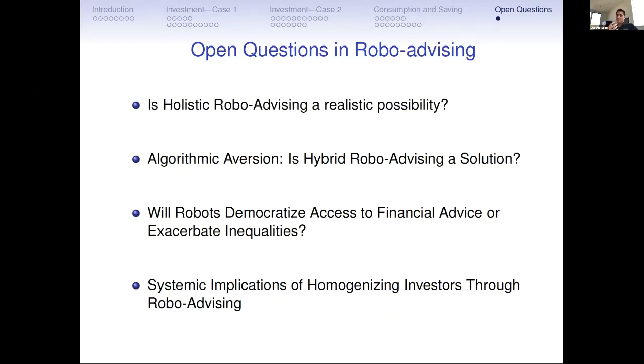Is it going to be possible for more individuals to have access to financial advice? And is this going to be very important in reducing the wealth inequality that we are observing right now in society? And what are going to be the systemic implications of homogenizing investors' portfolio allocation through robo-advising?